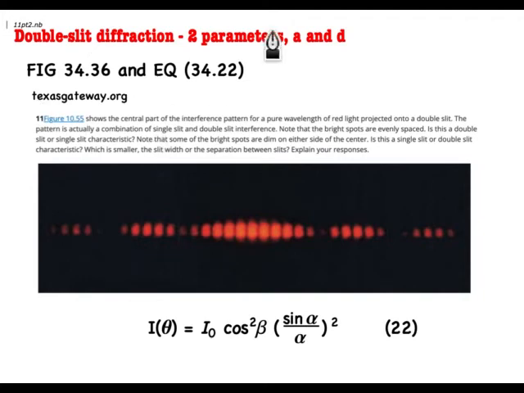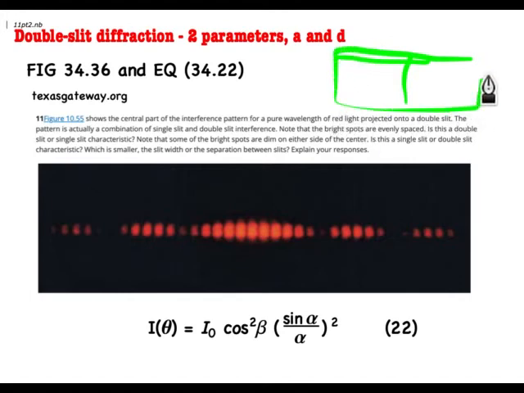Here's another example. Double slit diffraction. So you have two slits in, let's say you have an opaque screen, like a metal foil or something. And in this metal foil, you've cut two openings. There's the first one.